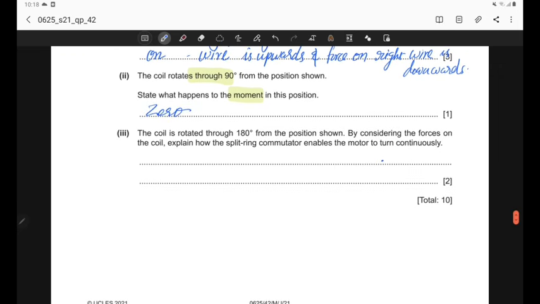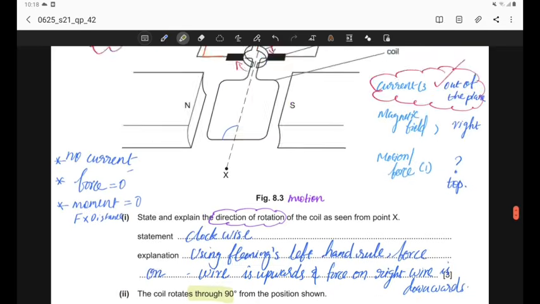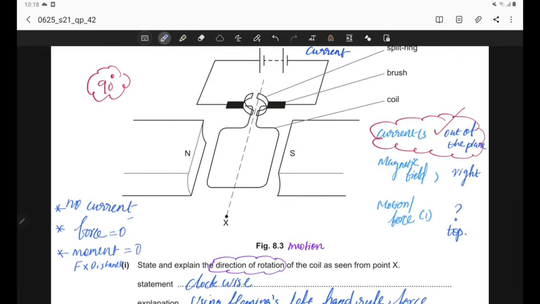Zero moment. Part 3. The coil is rotated through 180 degrees from the position shown. By considering the forces on the coil, explain how the split ring commutator enables the motor to turn continuously. So here it says that when this coil rotates 180 degrees, that means half of a cycle.